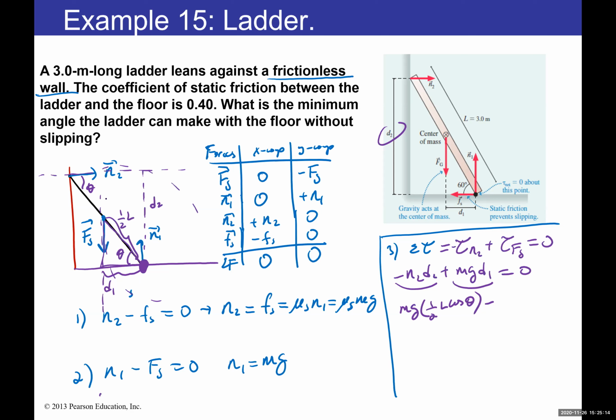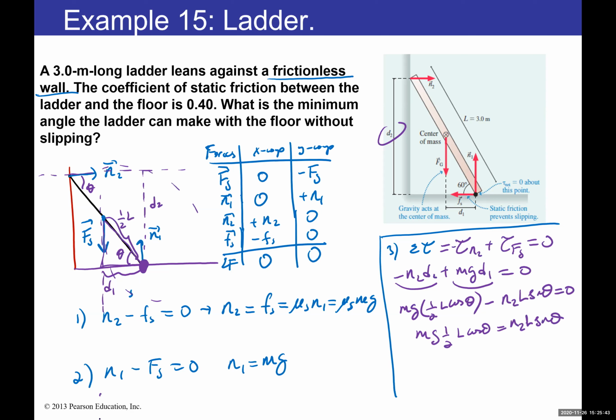The hypotenuse is the entire length of the ladder L, so this becomes N2 L sine theta equals 0. That's what I end up with. Then mg 1/2 L cosine theta equals N2 L sine theta.